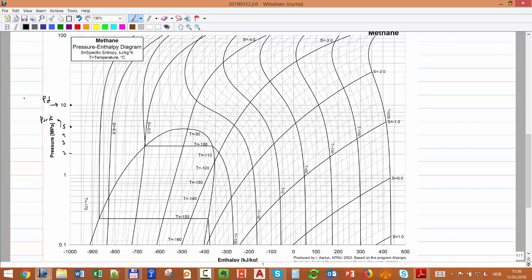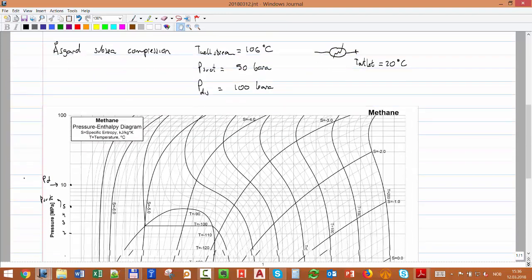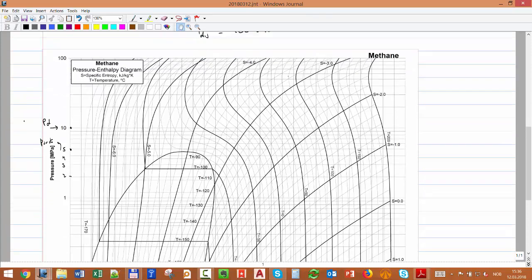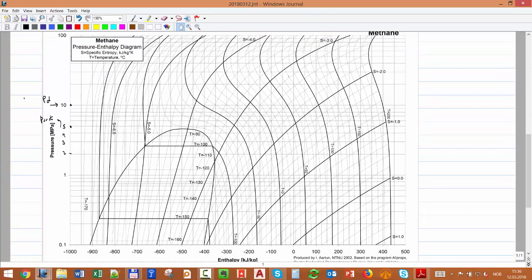Now, you see there are some lines made for constant temperature. You have here 200, in Celsius, the diagram says the temperature is in Celsius. So that's for 200, 150, and so forth. We can assume for this particular case that the cooler will go all the way down, cooling to 20 C. Where do we have 20?